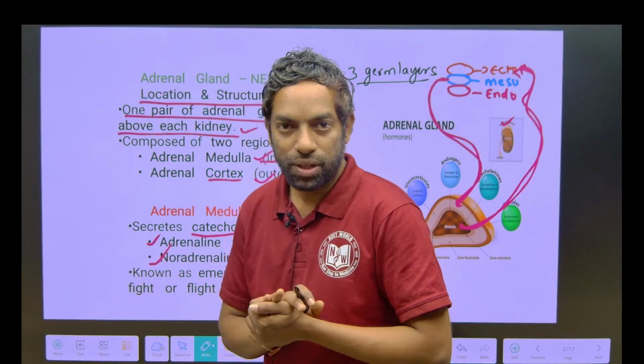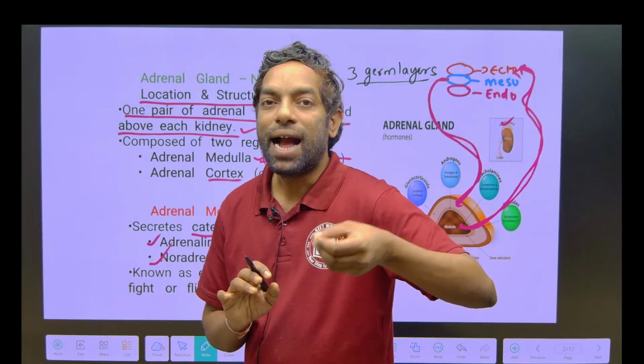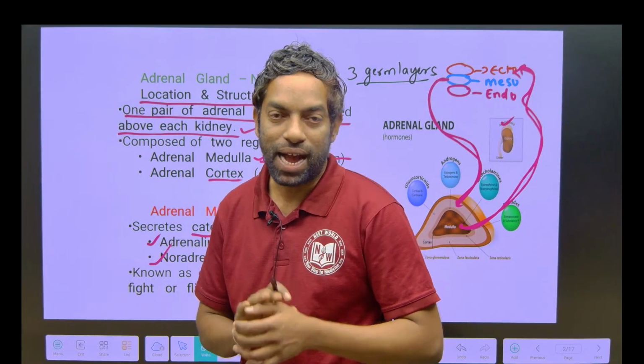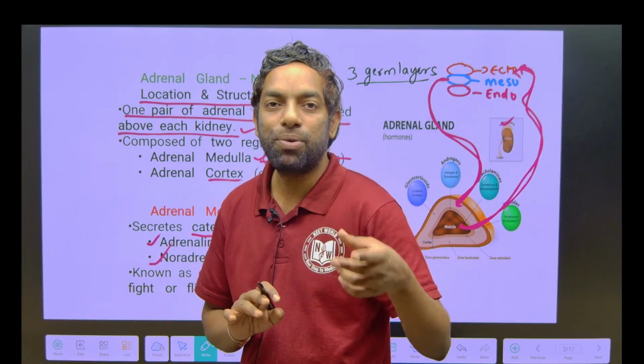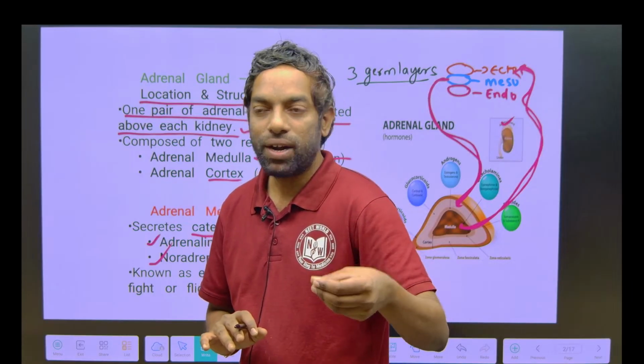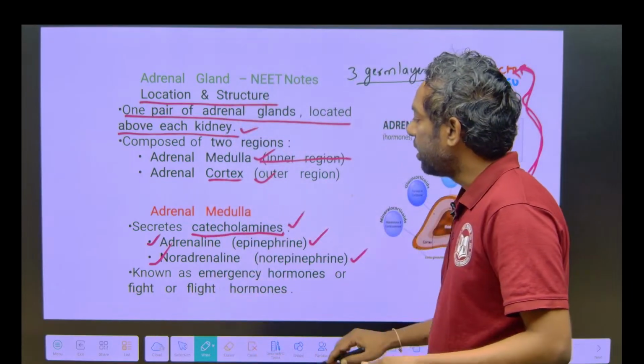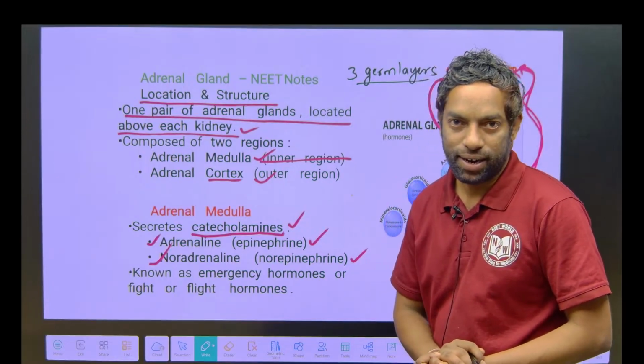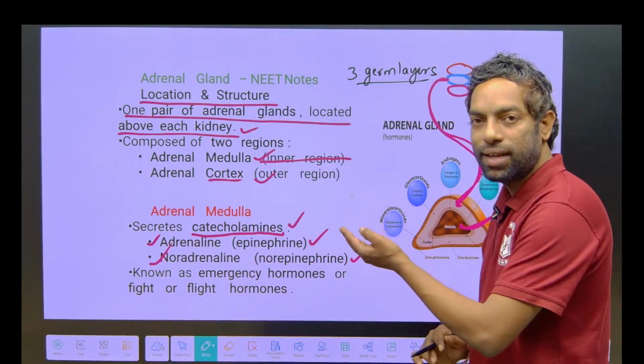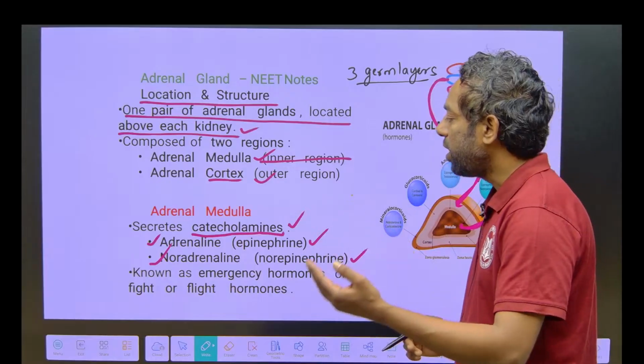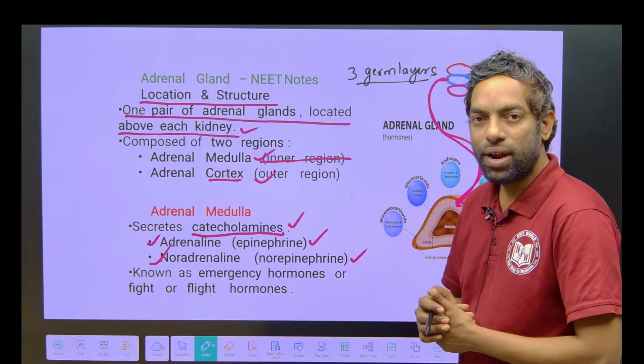Catecholamines are similar in nature. Adrenaline is another name for epinephrine, and noradrenaline is another name for norepinephrine.